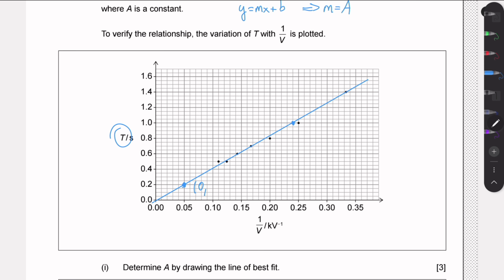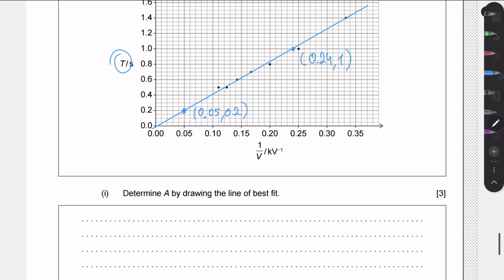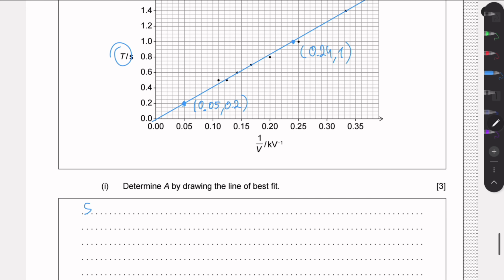So this will have coordinates of 0.05 comma 0.2. This will have coordinates of 0.24 comma 1. So the slope is going to be equal to a. In this case, well, the slope is always delta y over delta x, change in y over change in x.